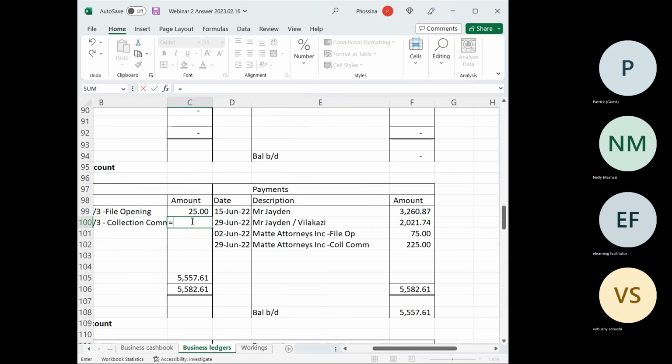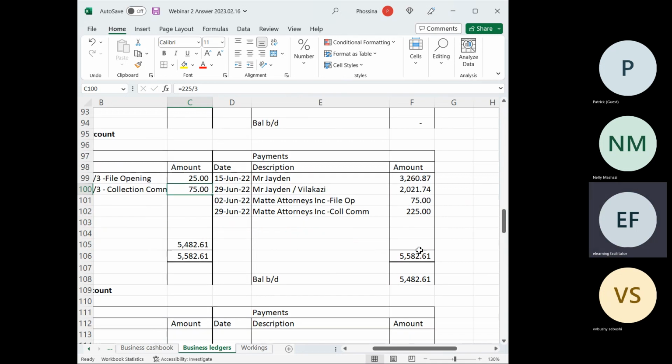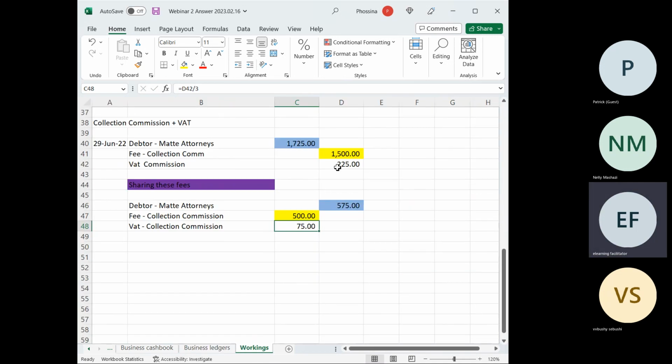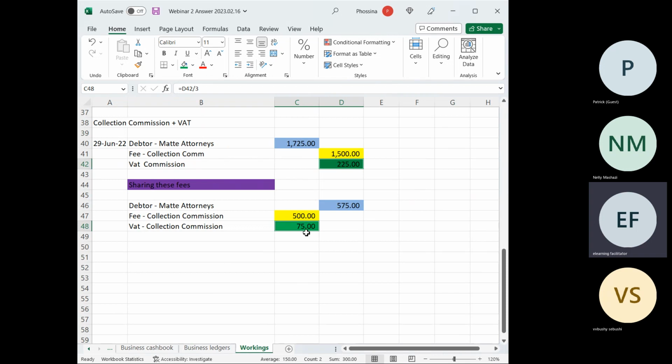So it's 225 divided by 3, which is a third. So we're going to pay over 75. Okay. So we've recorded now, everything is recorded out of this leg of the transaction.